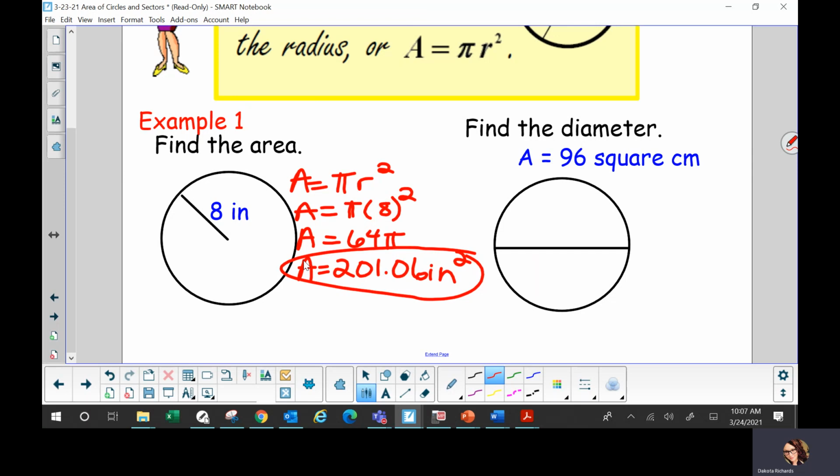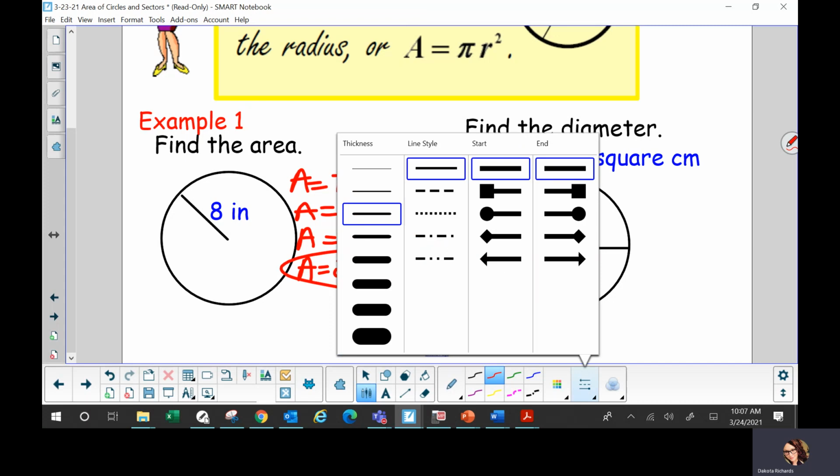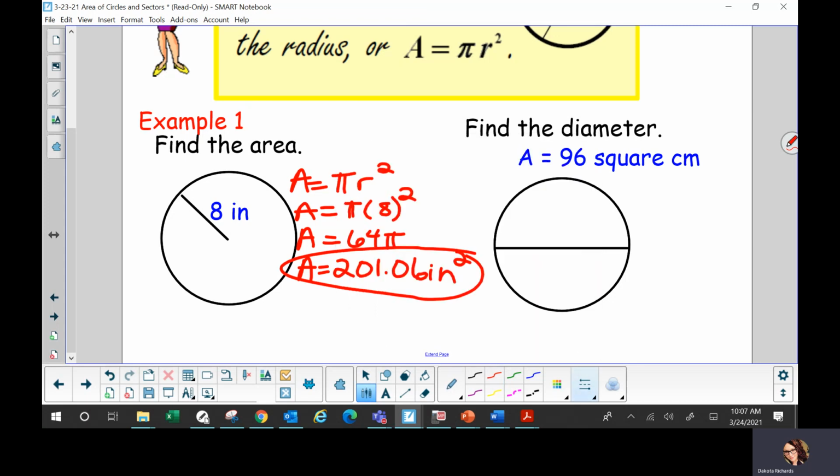On example 2, it says find the diameter, and what are you given? You're given the area. So if you're given the area on this one, you know area is pi r squared.